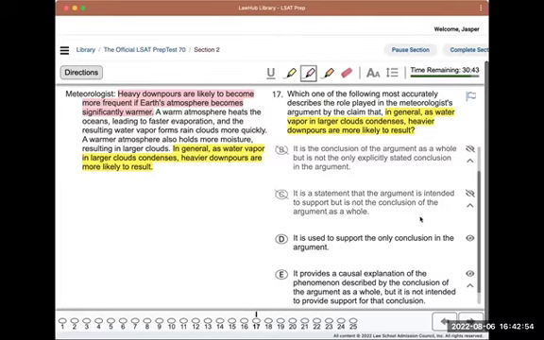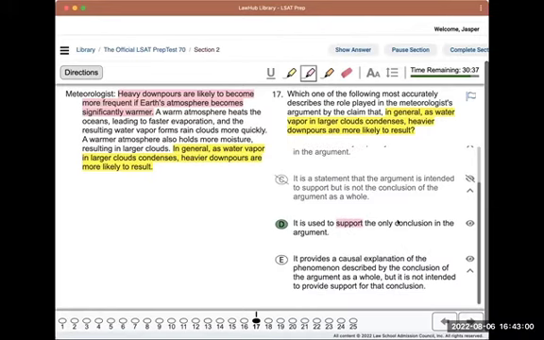It is used to support the only conclusion of the argument. It is used to support. It provides a causal explanation of the phenomenon described by the conclusion of the argument as a whole. So does it on its own provide a causal explanation? That I would actually take issue with, because this statement alone doesn't provide a causal explanation.